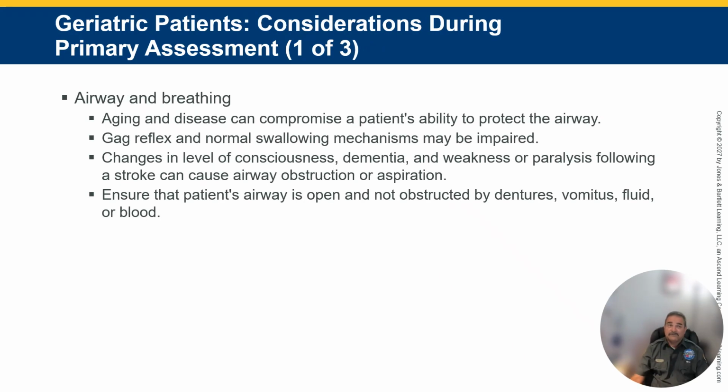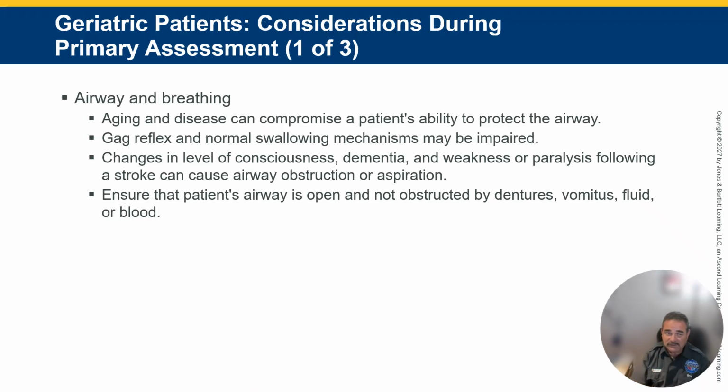All right, geriatric patients. They have their own subset of conditions, and we're going to talk about that. Aging and disease can compromise the geriatric patient's ability to protect their airway. Their gag reflex isn't as normal as in younger or middle-aged adults. Their normal swallowing mechanisms could be impaired, especially with some kind of senile dementia or oral dysphagia.